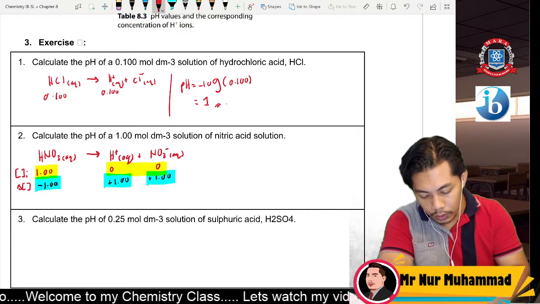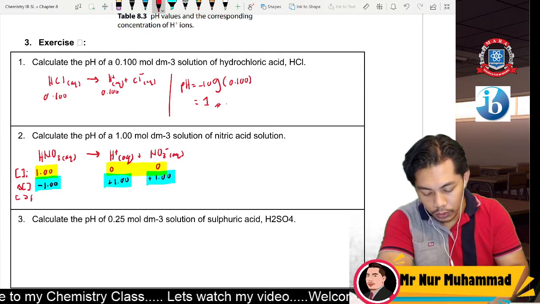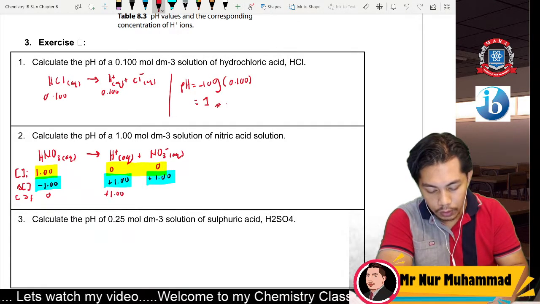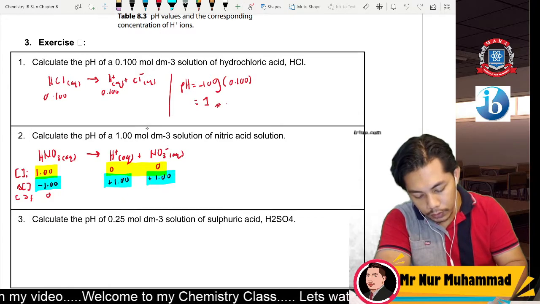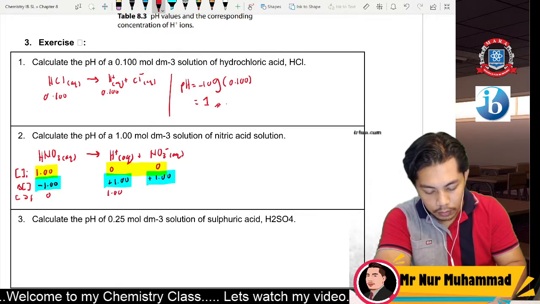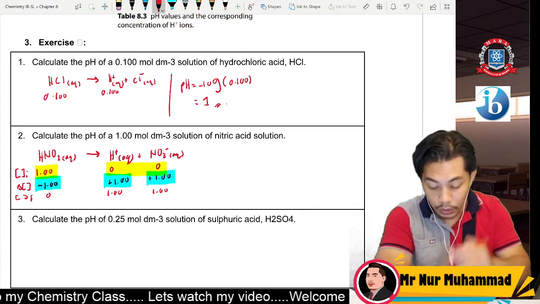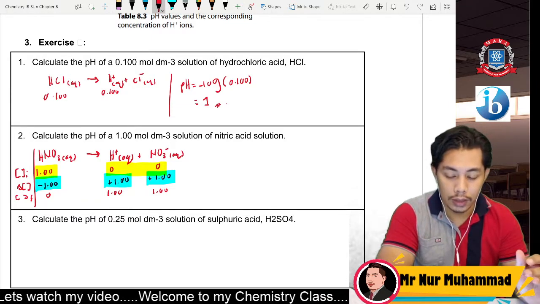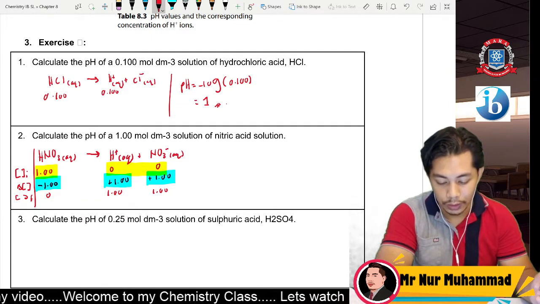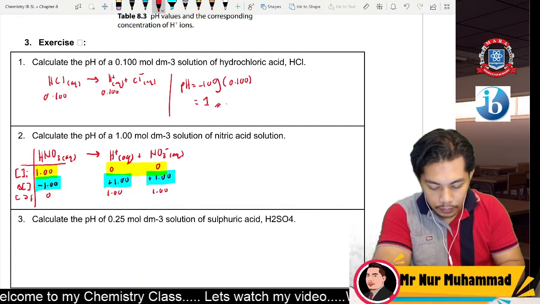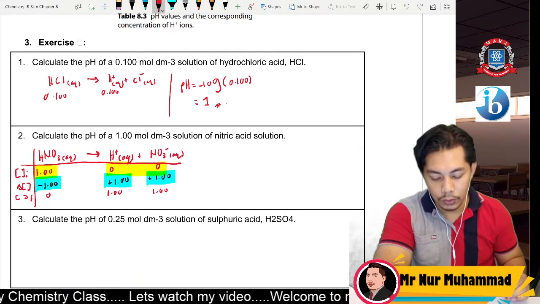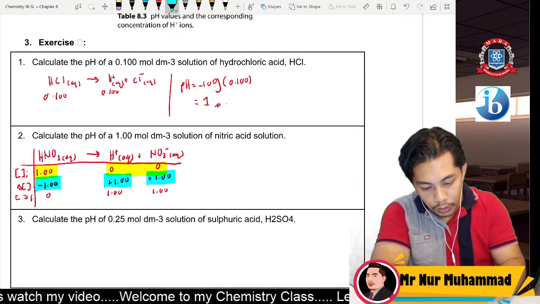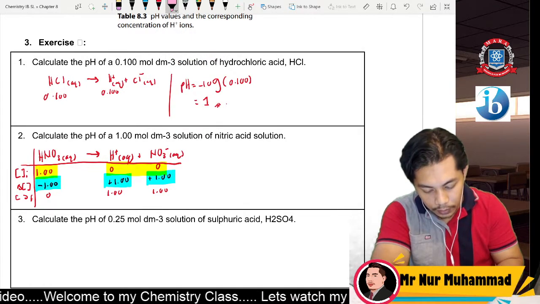So the final concentration is, reactant becomes 0, and this is the concentration of hydrogen ion. Now this formula is quite important when you want to calculate the concentration of hydrogen ion for weak acid, but you all can try to use this formula. Now our concentration of hydrogen ion is 1.